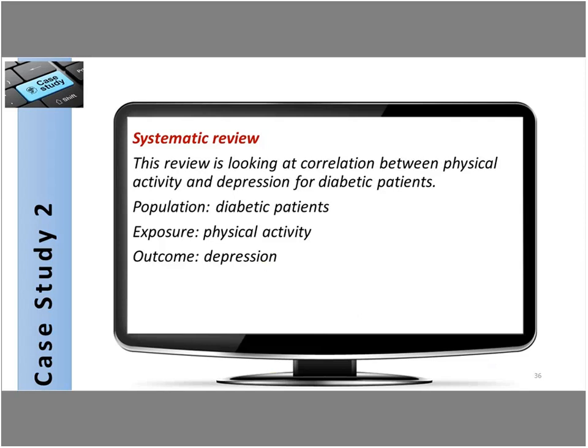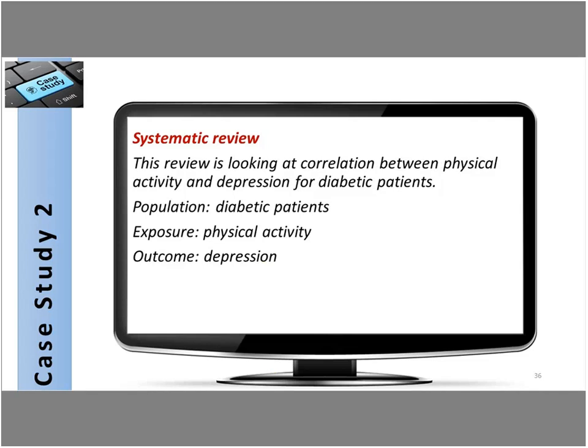So here's a reminder of case study number 2. In this case, we were looking at a correlation systematic review. Sometimes they call it a harm or a risk factor review, where we had the population of diabetic patients, and they were specific that they only wanted adults.